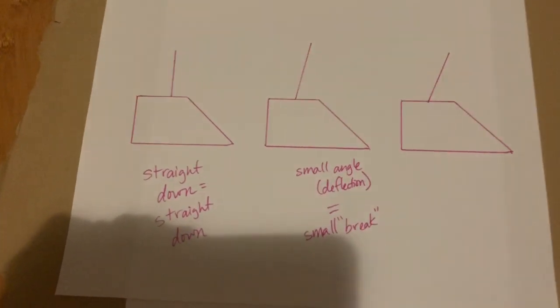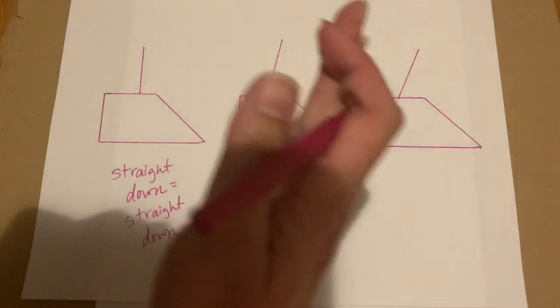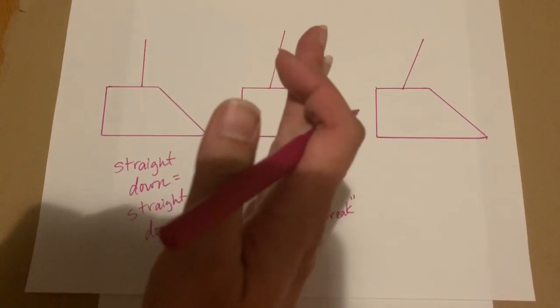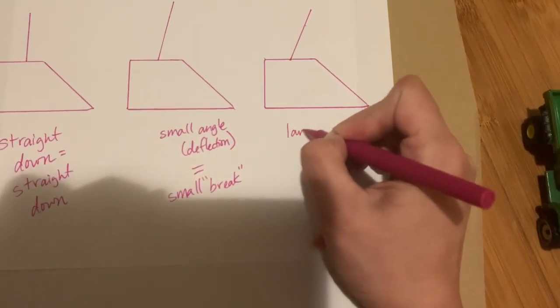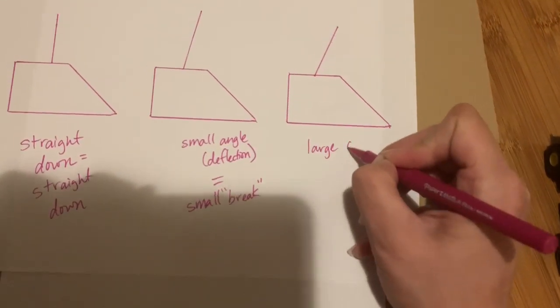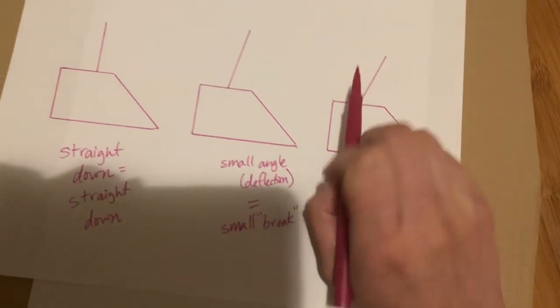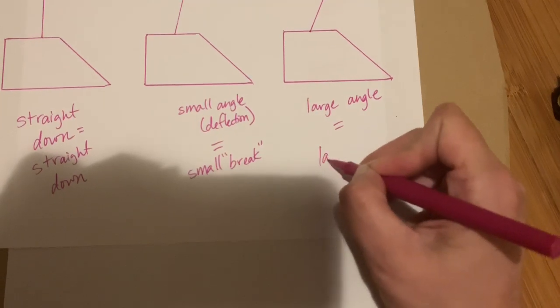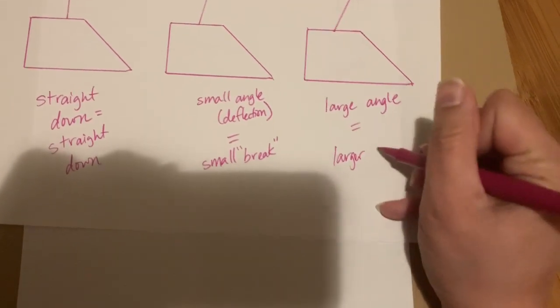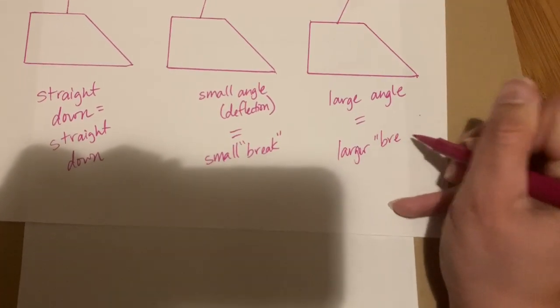So that was where we saw that parallel line, right? There was a small deflection right there. And then over here, we've got a large angle. So a large angle from that straight down is going to equal a larger bend.